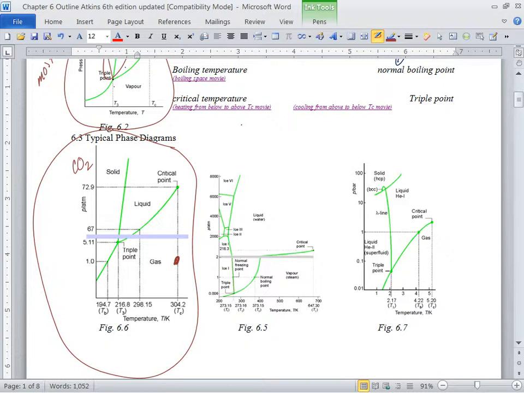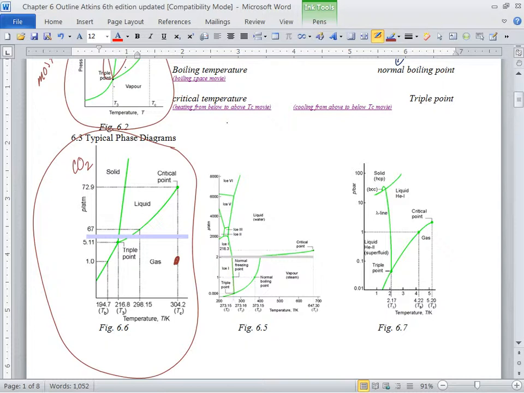Gloriana, how about 300 Kelvin and 70 atmospheres? Liquid. Or, shoot. I thought I saw it easy. Now I don't see it so easy. Yeah, that is a tough one. If you see it as a tough one, then you're reading this right, because where's 70? I don't know. It's probably liquid, right? But yeah, that's the idea.